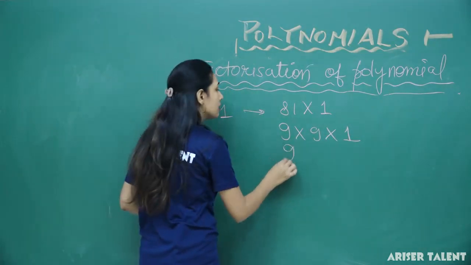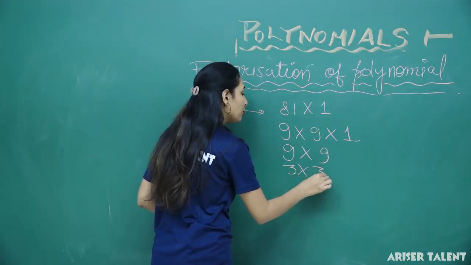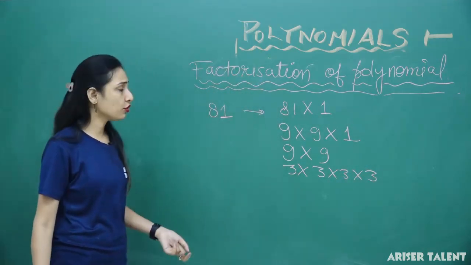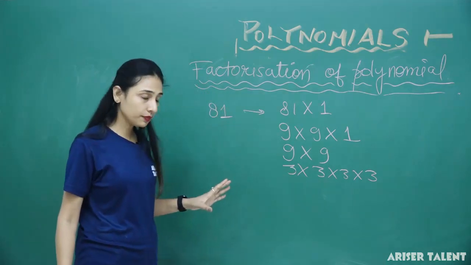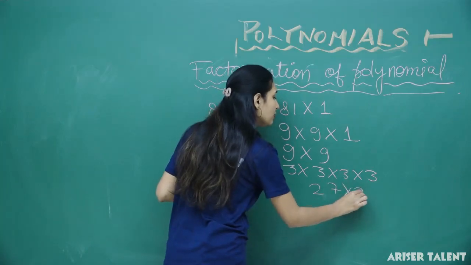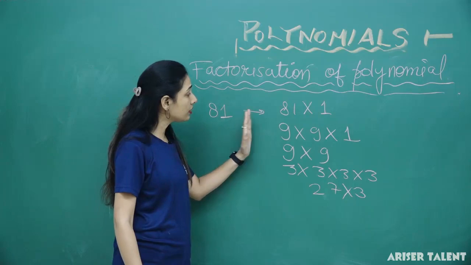Or else I can get simply 9 by 9, or simply 3 multiplied by 3 multiplied by 3 multiplied by 3, and that is prime factorization of 81. So, these are all factorizations of 81. I can say 27 by 3 is also a factorization of the number.